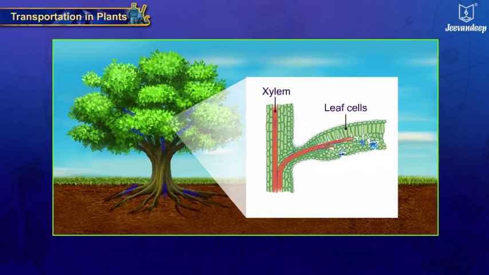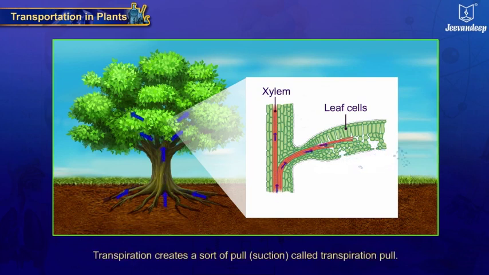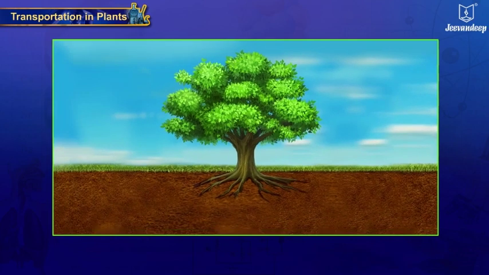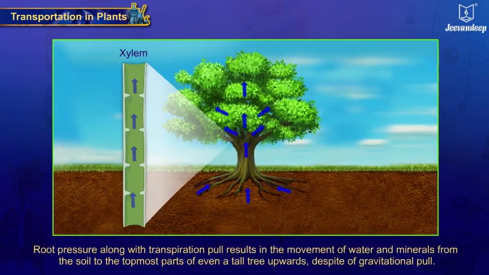Xylem vessels of the leaf in turn take water from the xylem of the stem and xylem of the root. Thus, transpiration creates a sort of pull or suction called transpiration pull. Root pressure along with transpiration pull results in the movement of water and minerals from the soil to the topmost parts of even a tall tree upwards, despite of gravitational pull.